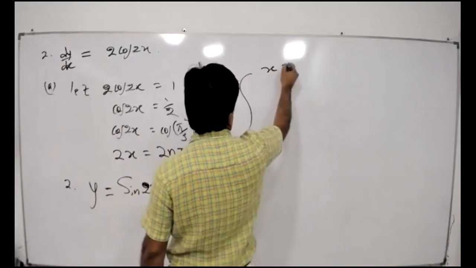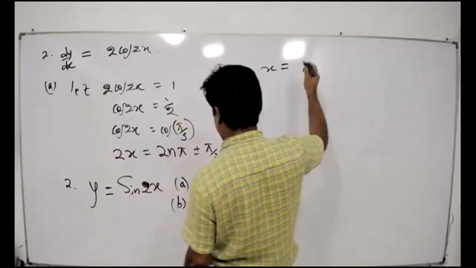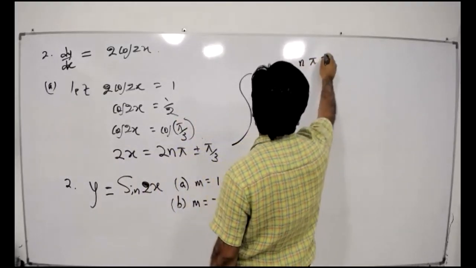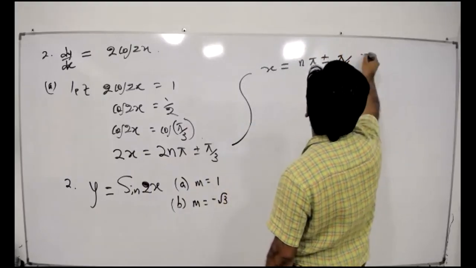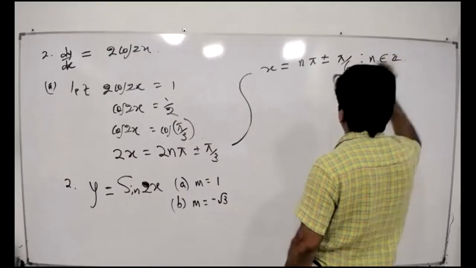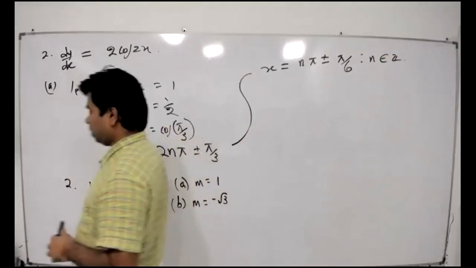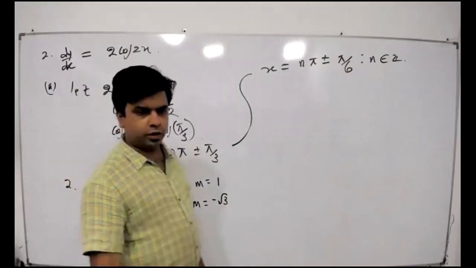Therefore x equals n pi plus or minus pi by 6, where n is any integer. There are infinite x values.